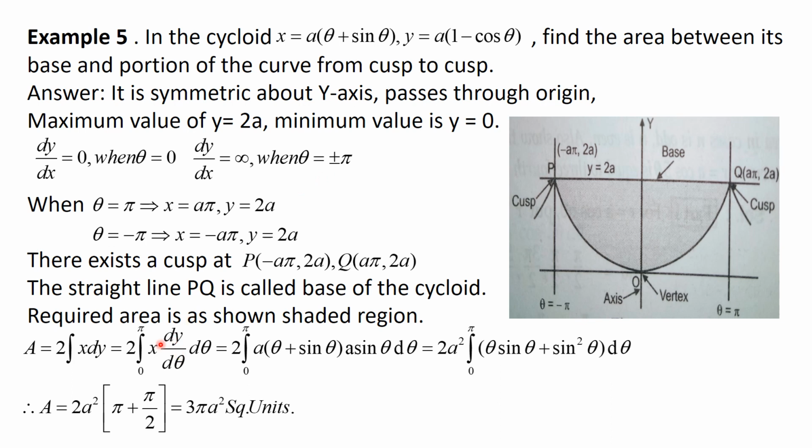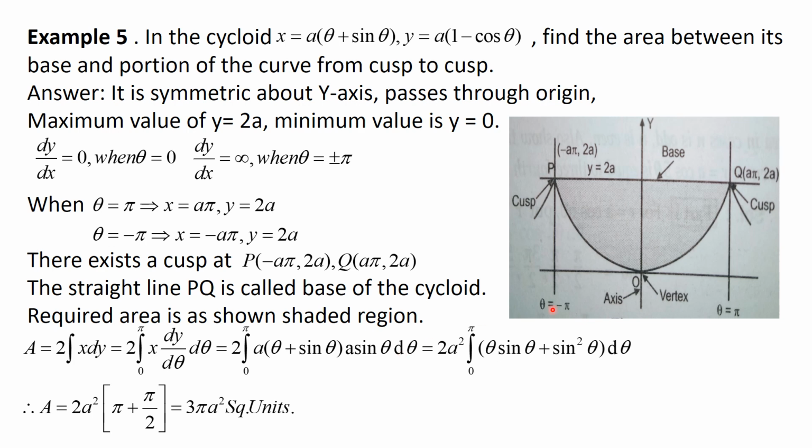So these two terms will occur in the form of theta, and then the integral with respect to theta from the limit is possible. So 2 times, x is a (theta plus sin theta), y is a (1 minus cos theta), differentiating with respect to theta, the derivative of cos theta is minus sin theta, which turns out to be plus sin theta. So a sin theta, keeping the term of d theta as it is.